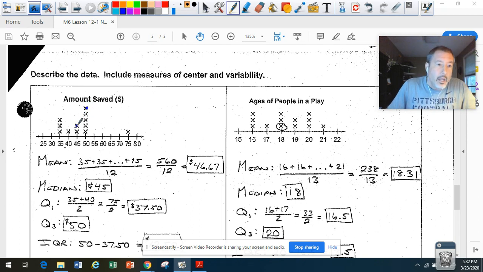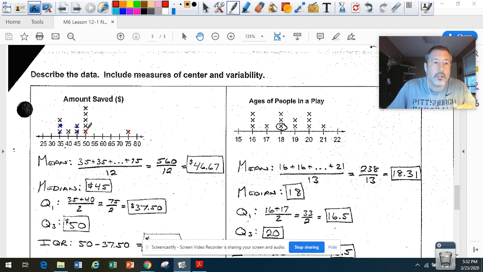So if we start crossing these out, let me do this section here in blue. 2, 3, 4, and then we have 35 and 40. 35 plus 40 is 75 divided by 2. So Q1 is $37.50.